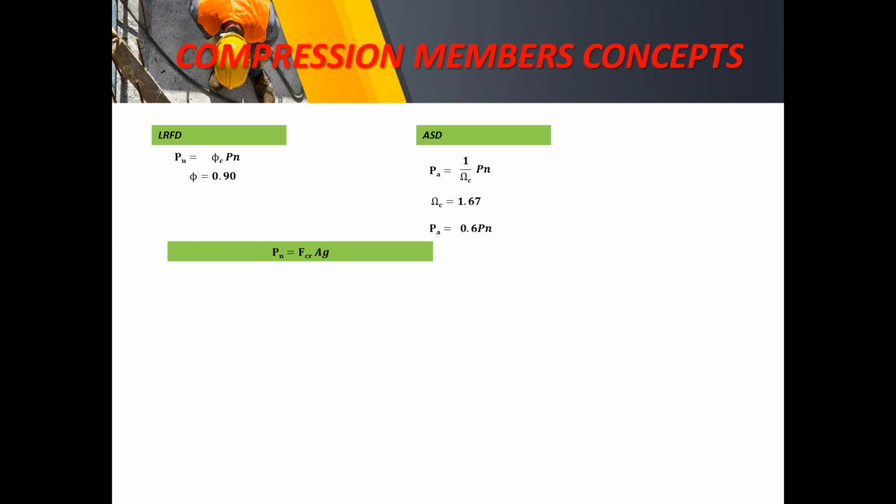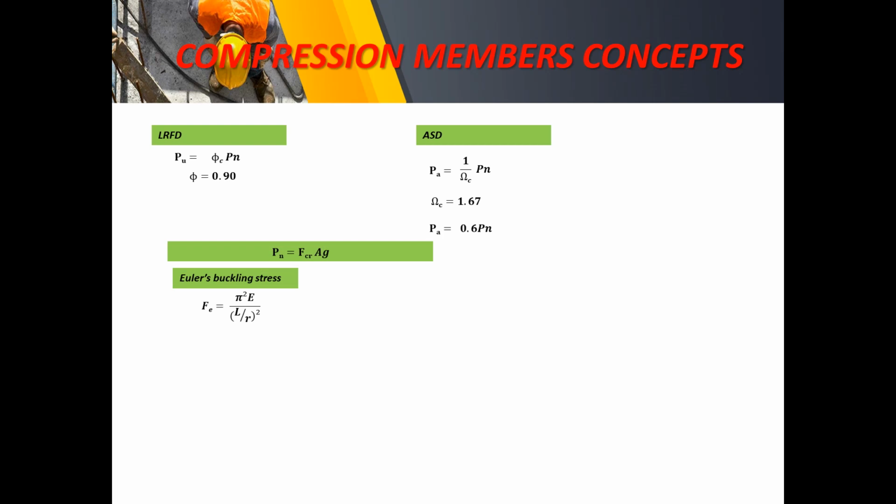So recall that Pn is equal to Fcr times Ag. Fcr in here is dependent on the Euler's buckling stress, Fe is equal to pi squared E over (L/r) squared.